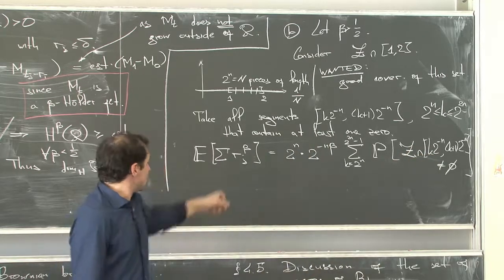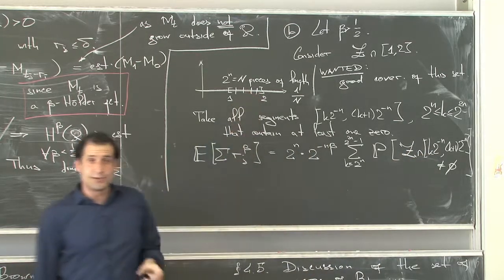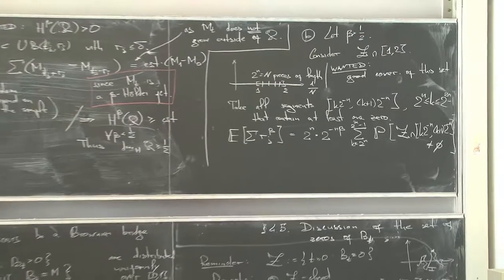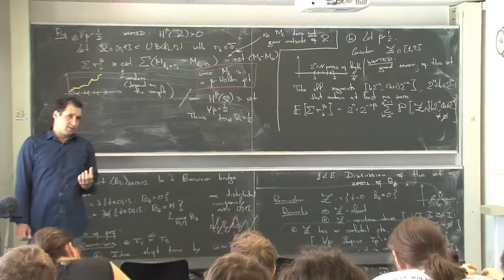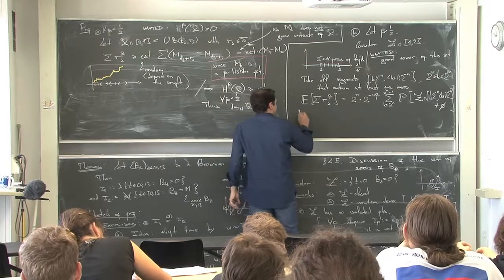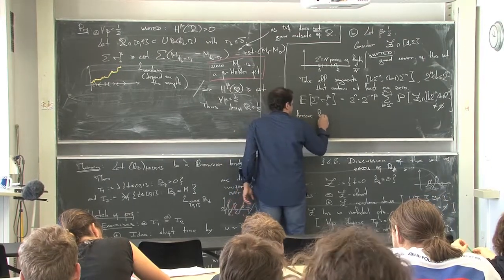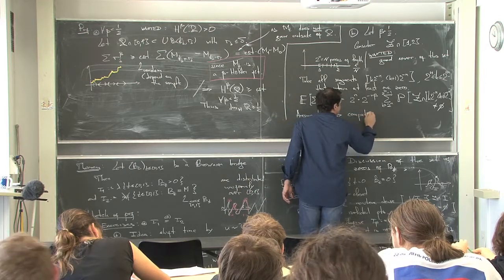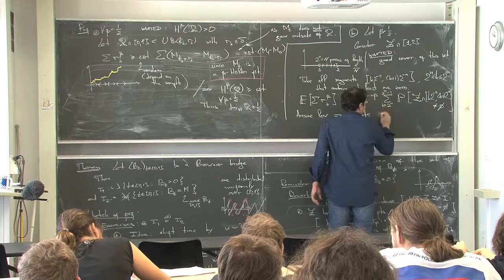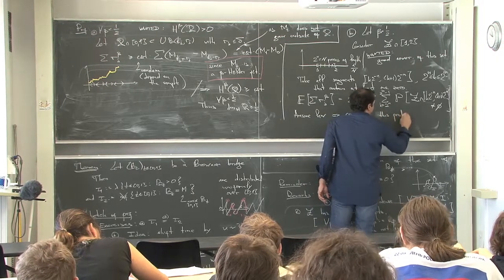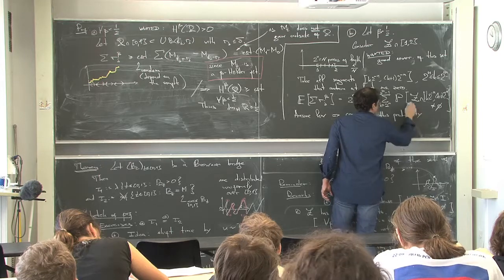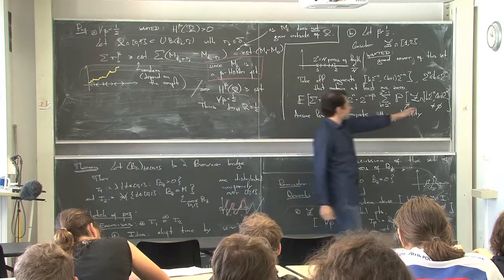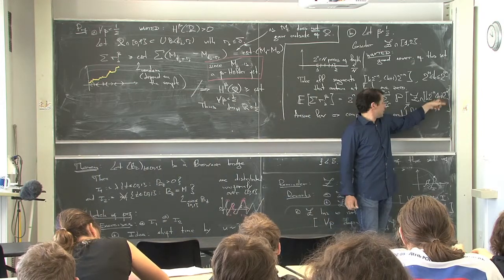Well, actually, we know how to control this. What is the probability that on a given segment there is a zero or there is no zero? This is the arcsine law. So this probability is fairly explicit. Because for instance, I can think that this is my endpoint instead of 1.